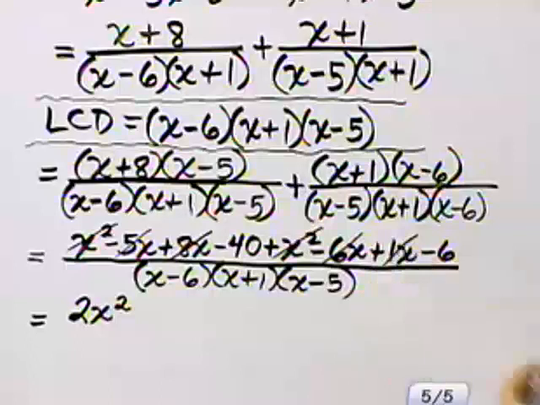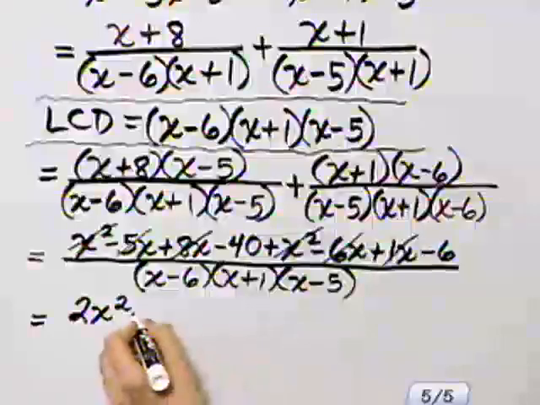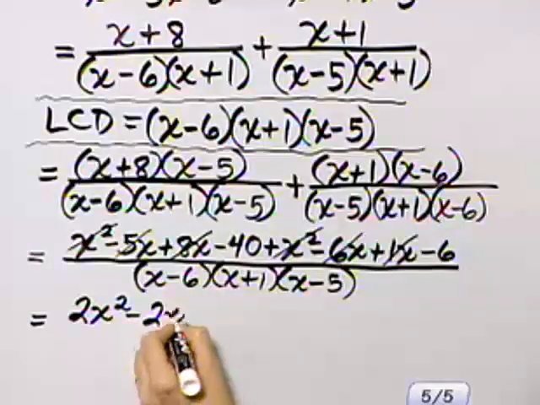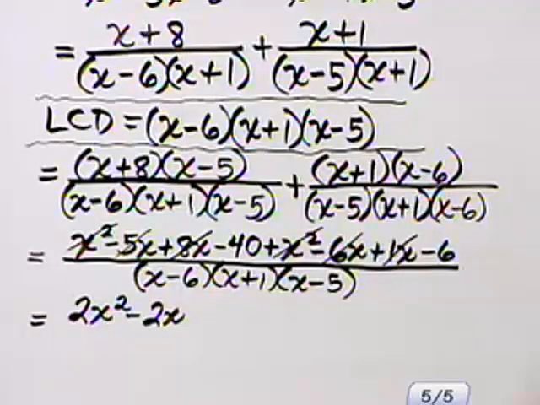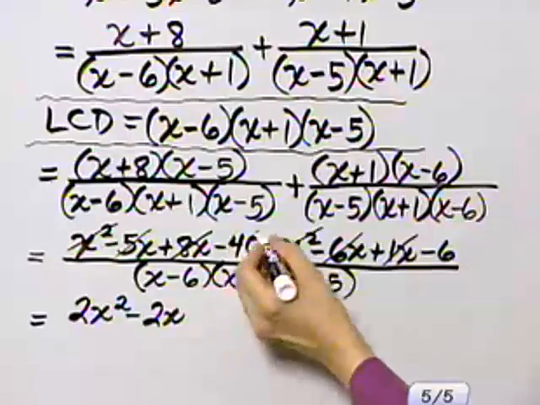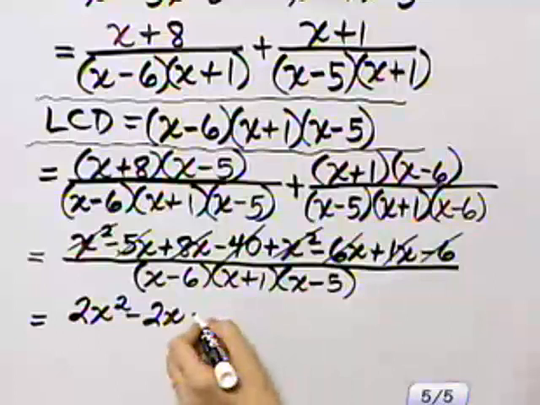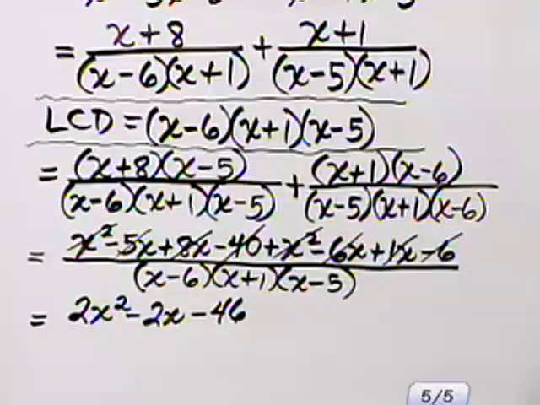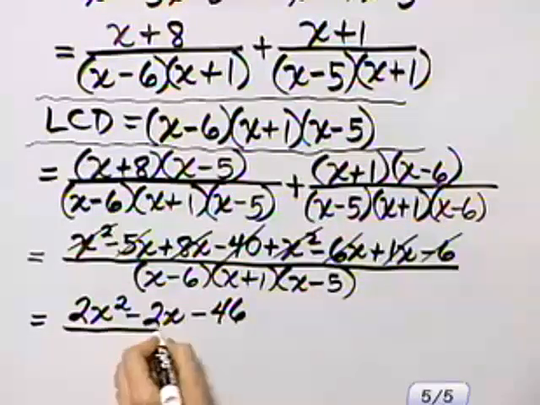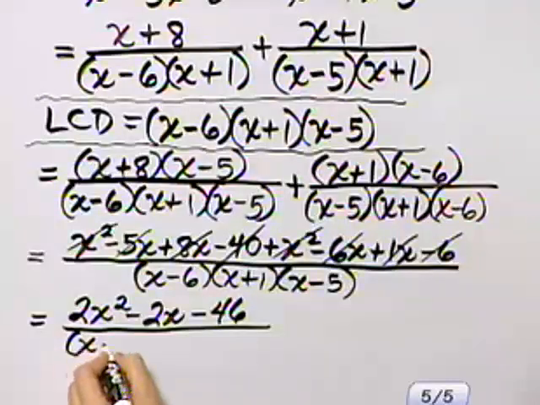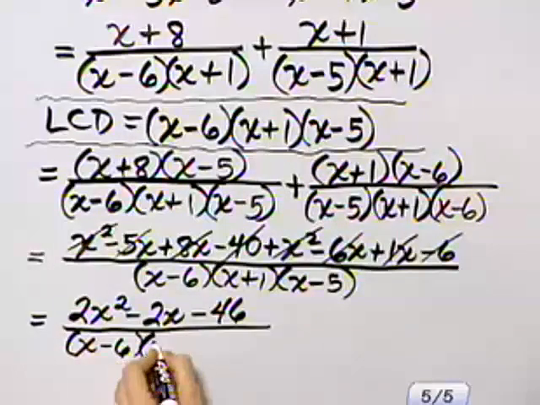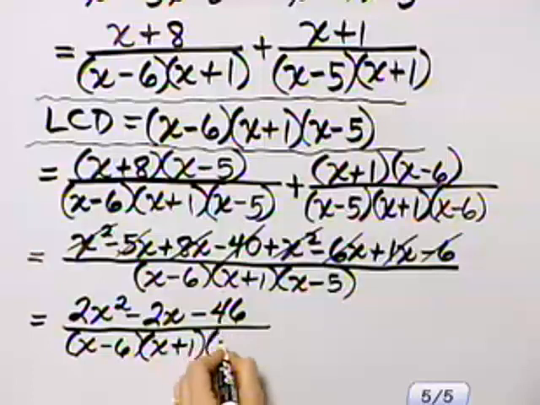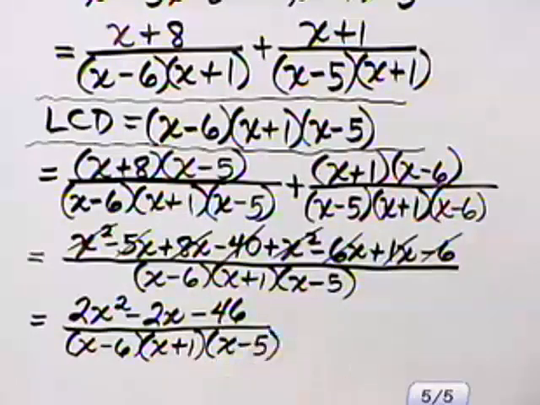And negative 3x plus 1x, that's negative 2x. And you need to go through and double check on me. And then minus 40 minus 6, that's minus 46 all over that common denominator. X minus 6, x plus 1, x minus 5.